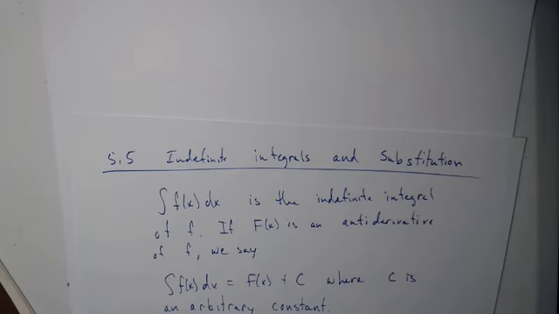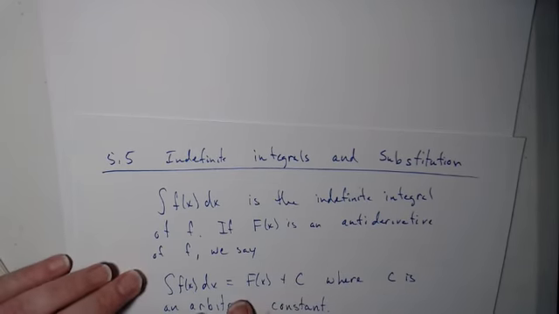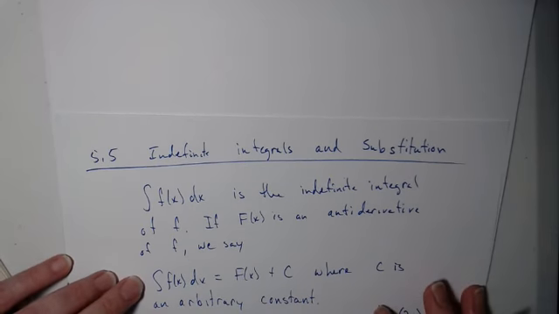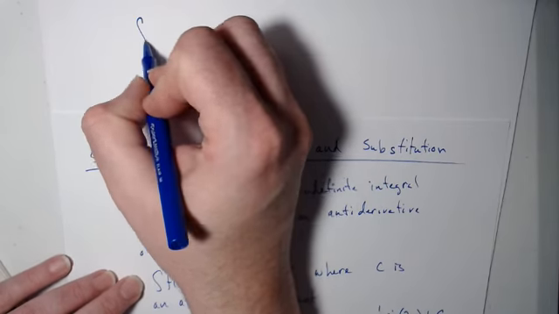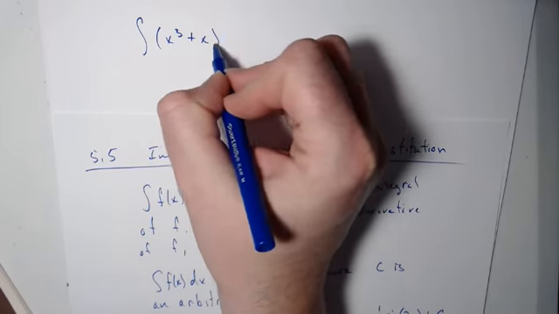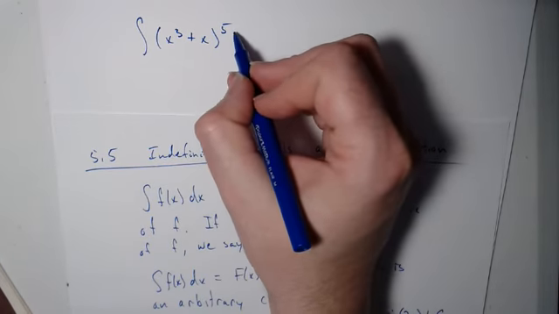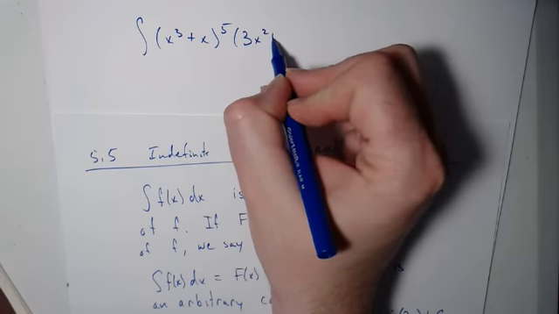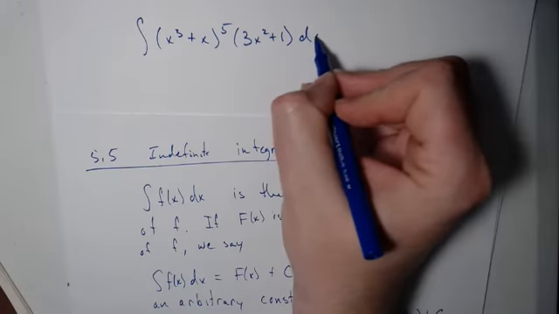There are a lot of different applications to this. For instance, and this is just an example from your book, let's do the integral of x cubed plus x to the 5th times 3x squared plus 1 dx.